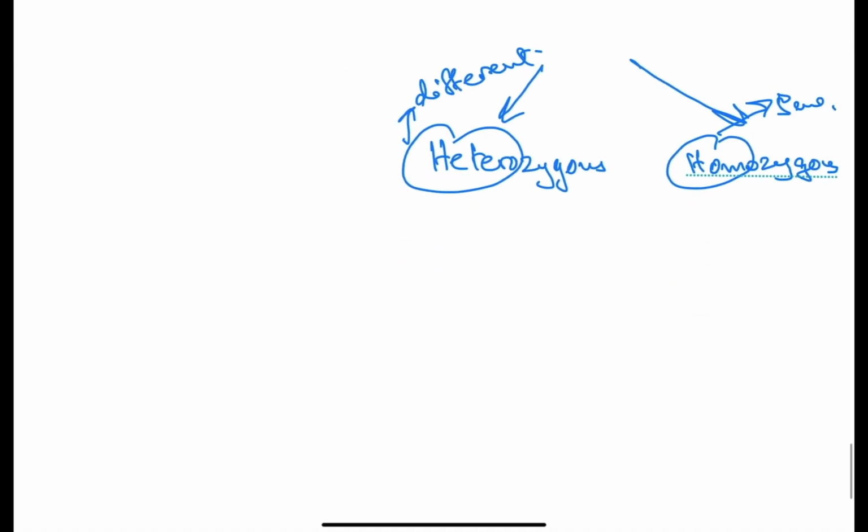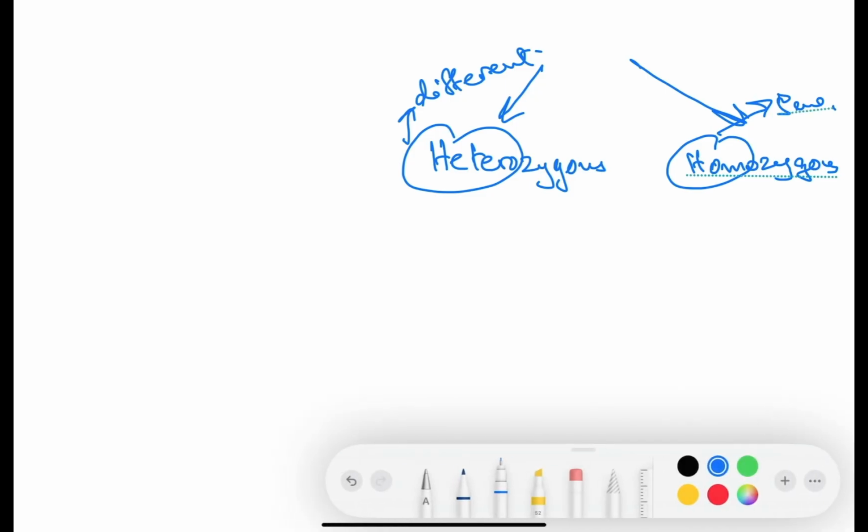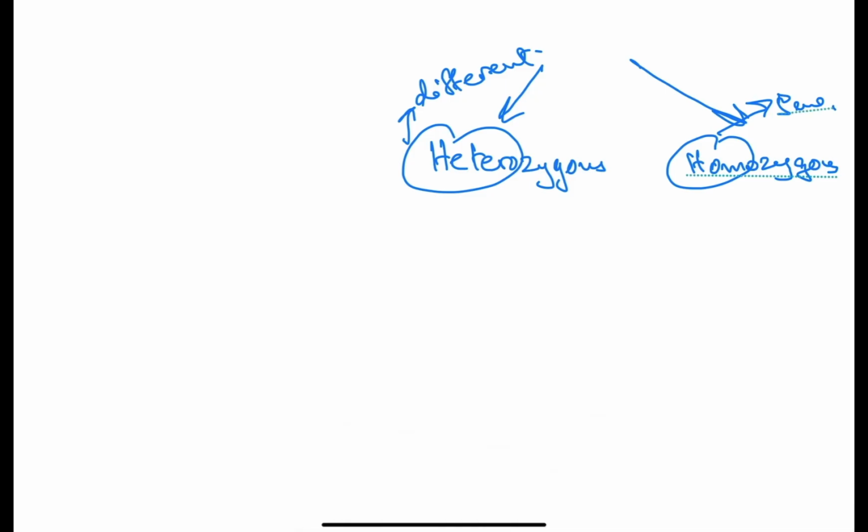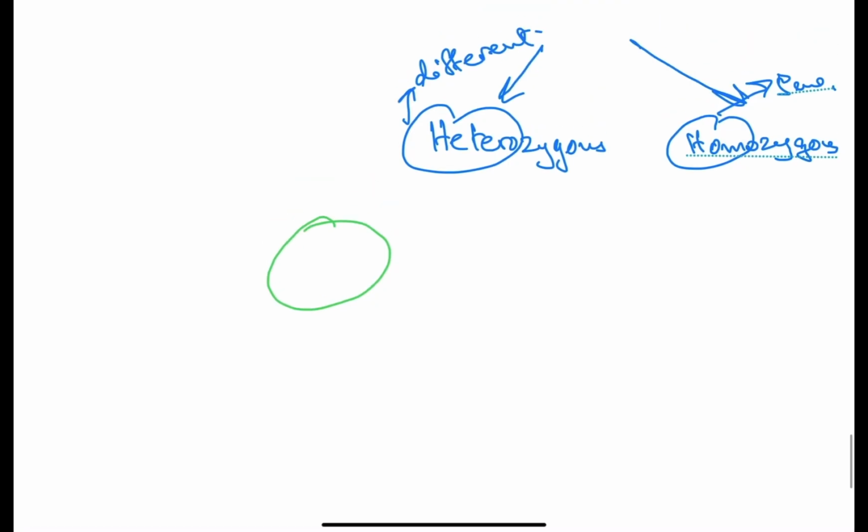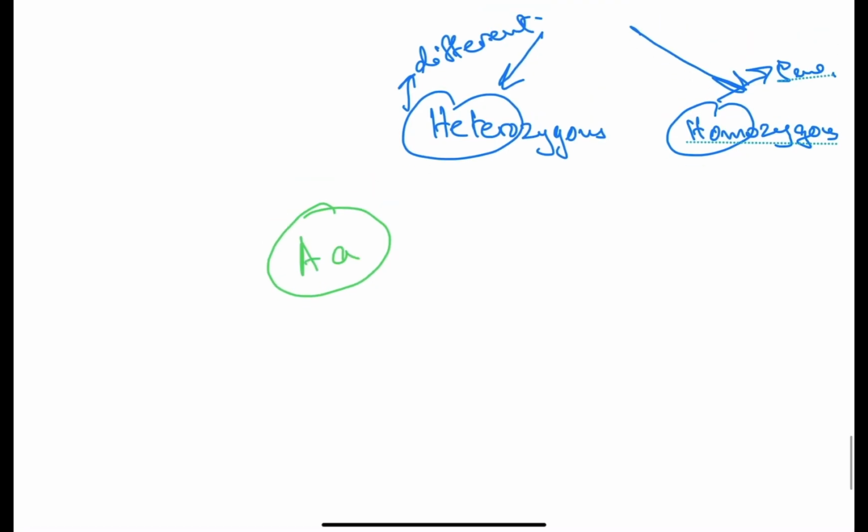If on this chromosome capital A and small a are present, it's called a heterozygous condition.